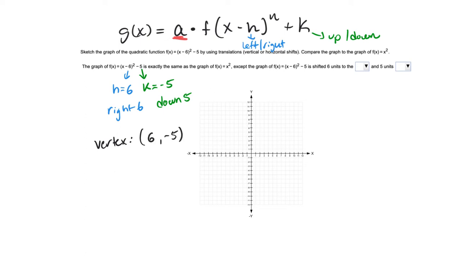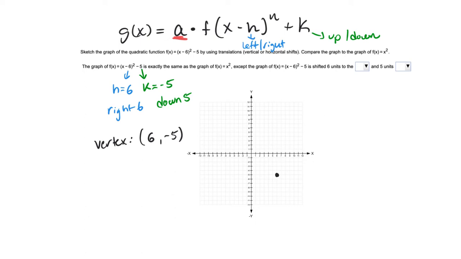So we go to 6, negative 5, we plot that point. That's your vertex. Now, you don't have a vertical stretch or compression, so if that was your new vertex and you thought of that as 0, 0, your next point would be 1, 1, which in this case would be 7, negative 4, because up 1 and to the right 1 would be 7, negative 4.